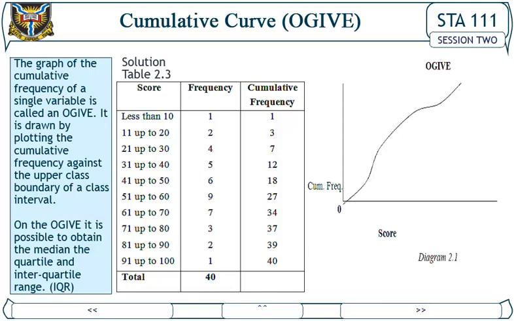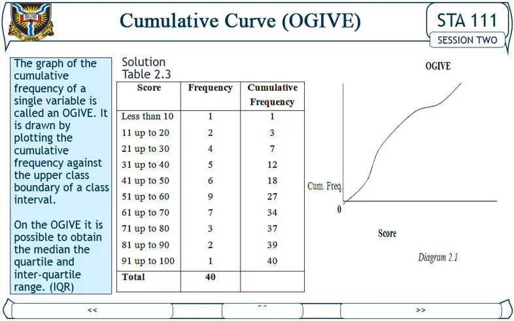Example 2.2. Using the data in example 1, construct the cumulative frequency curve. Solution: Table 2.3. Score: less than 10, 11 up to 20, 21 up to 30, 31 up to 40, 41 up to 50, 51 up to 60, 61 up to 70, 71 up to 80, 81 up to 90, 91 up to 100.